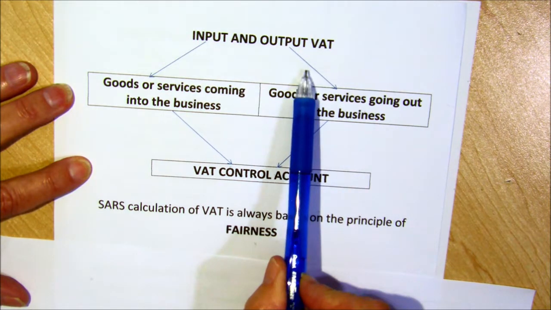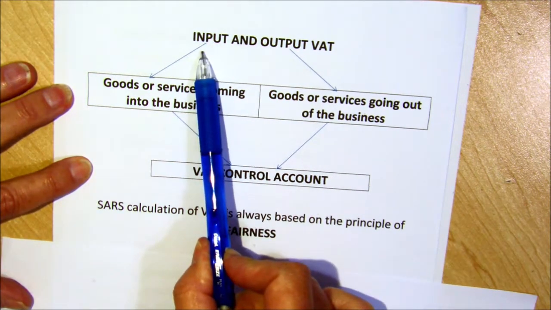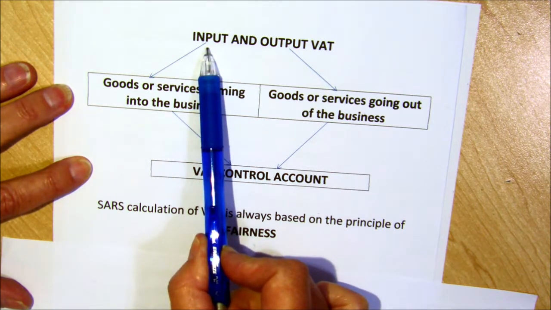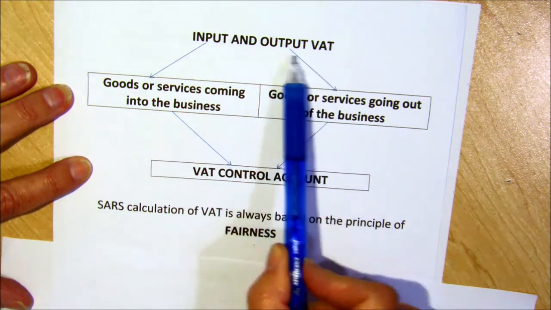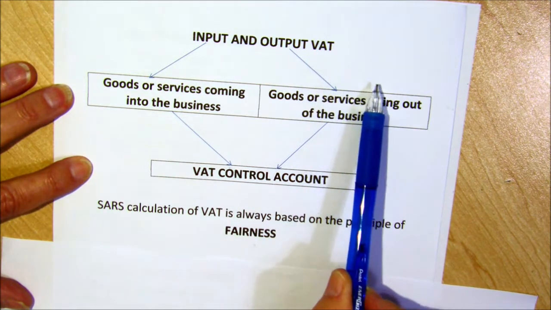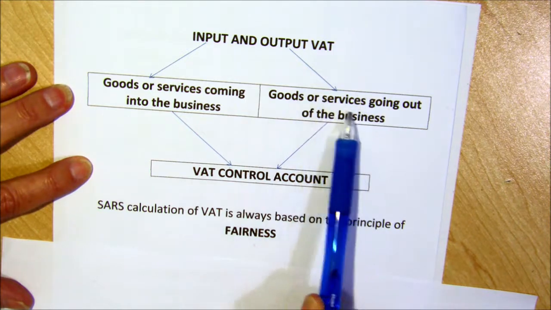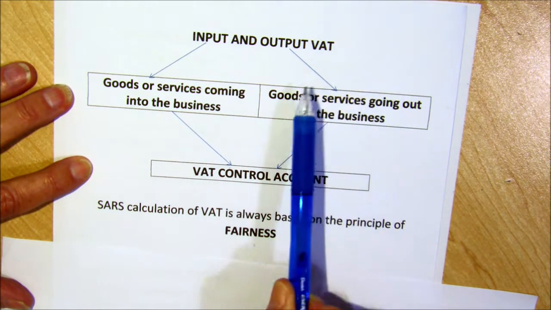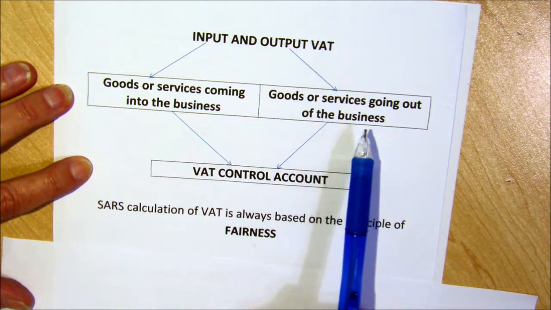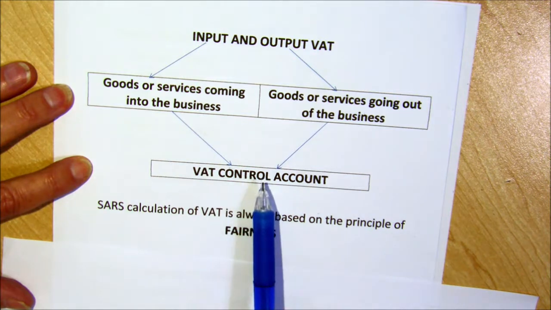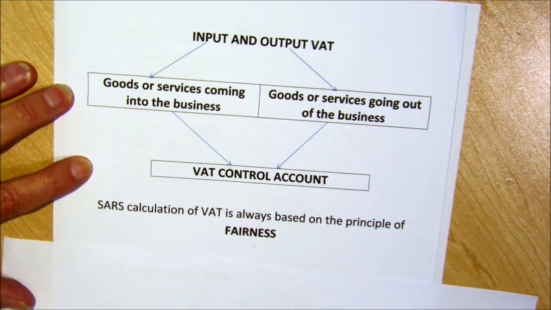If the input is higher, it means you've paid more than you received, in which case you will get a refund from SARS. On the other hand, if your output VAT is higher, then you've collected more than what you've paid. You'll do a reconciliation between the difference, in other words, what you've collected minus all the VAT that you've actually paid, and the difference gets owed to SARS.